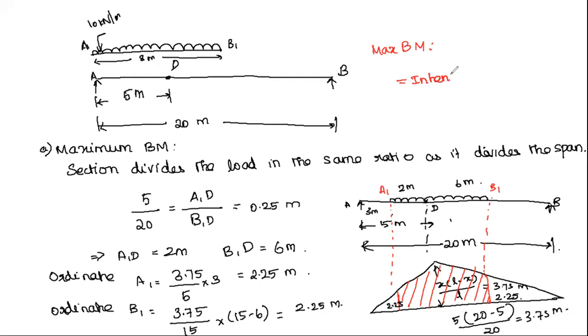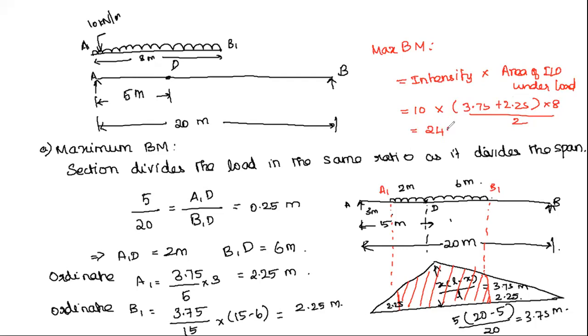So intensity into area of ILD under load. Intensity is 10 and area is 3.75 plus 2.25 into 8 divided by 2, which is equal to 240 kilonewton meter.